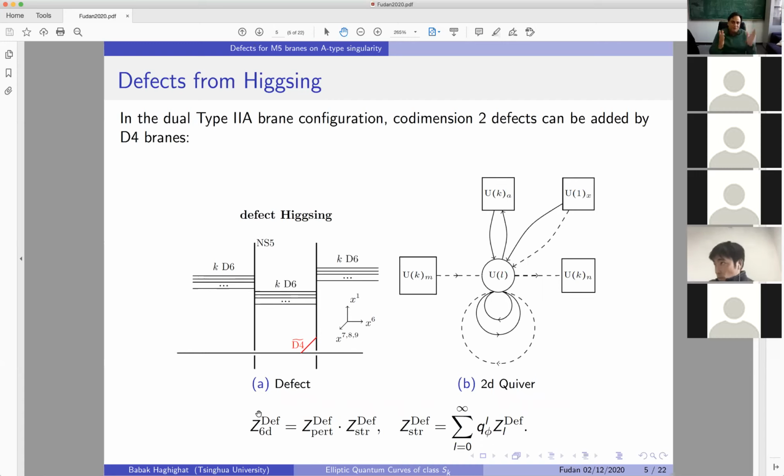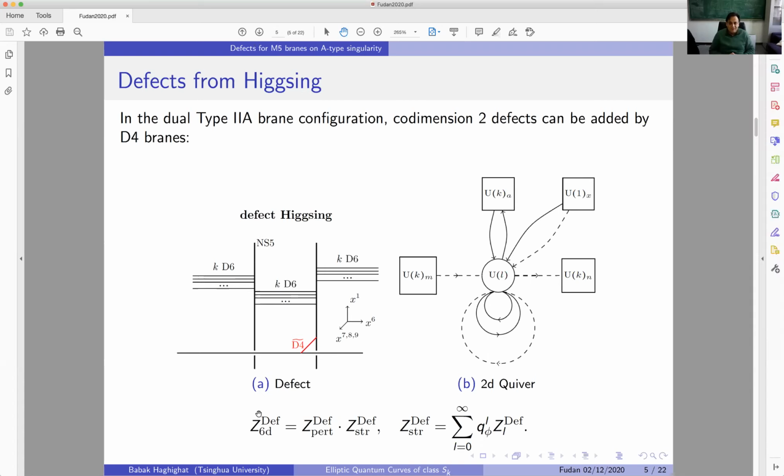We have thought of the 6d theory as 2 M5 branes probing a Z_k singularity. We have thought about it as an F-theory compactification on an elliptic Calabi-Yau. But we can also think about this in terms of a brane setup, where these 2 M5 branes become two NS5 branes, and the Z_k singularity becomes these D6 branes stretched between them.